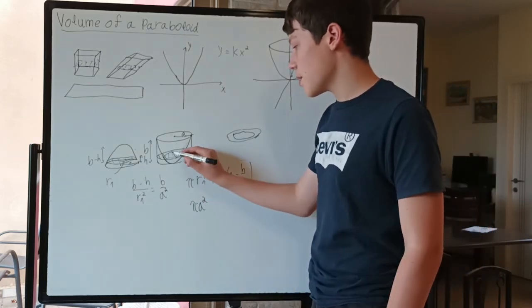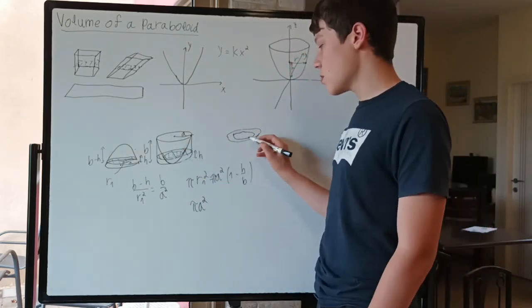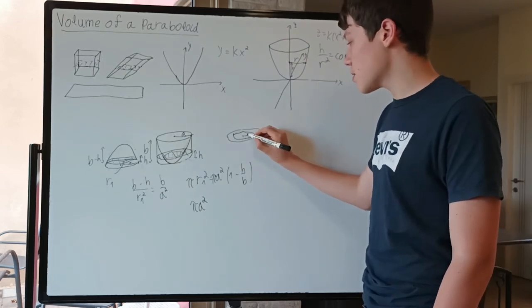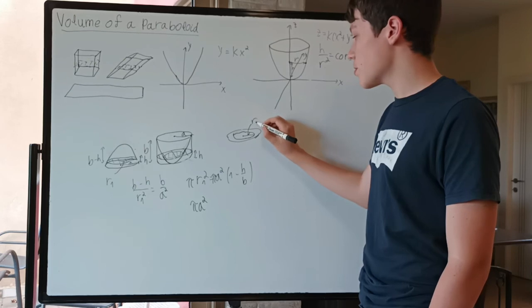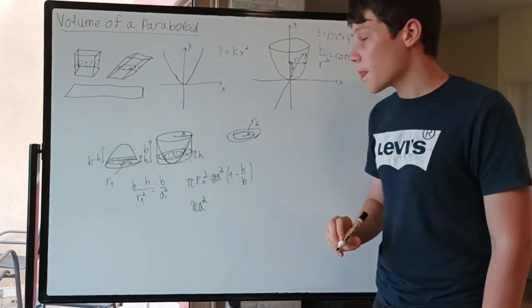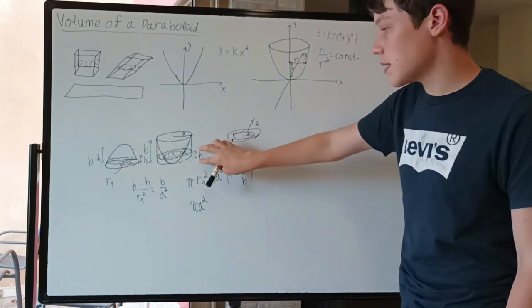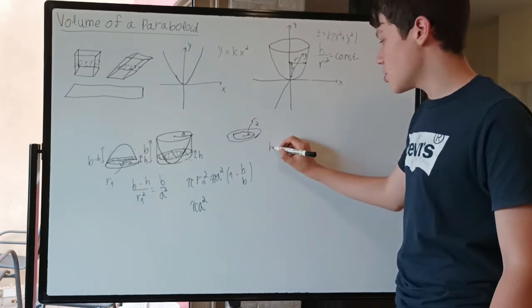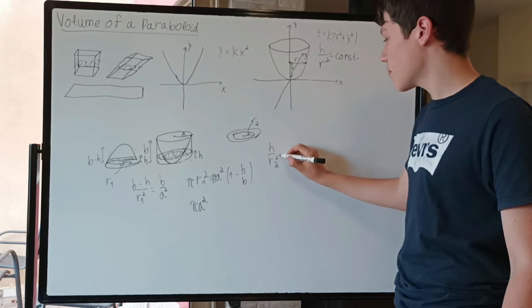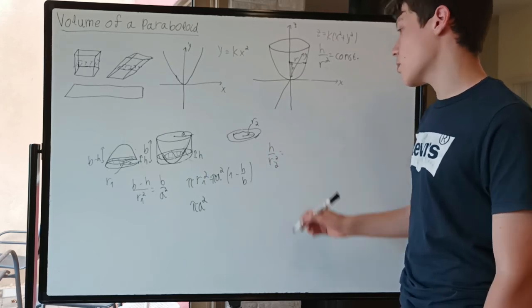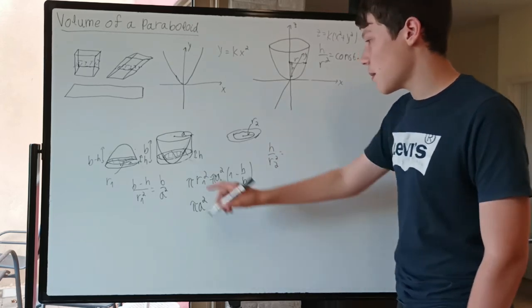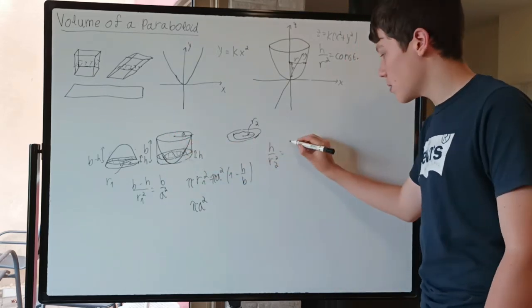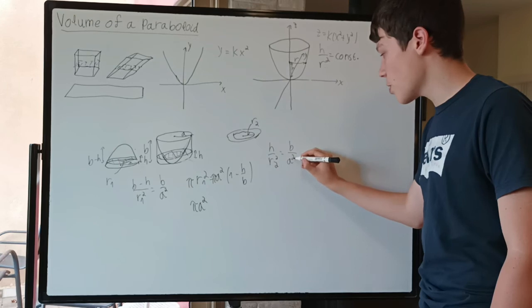Now to find the area of this hole, again, we're going to mark this as a radius. Let's call this r2. So we know again, since now the height is h from the minimum point, we now have that h divided by r2 squared is equal to a constant, so it's also equal to b, the entire height, divided by the radius at b, which is a squared. So this is b over a squared.